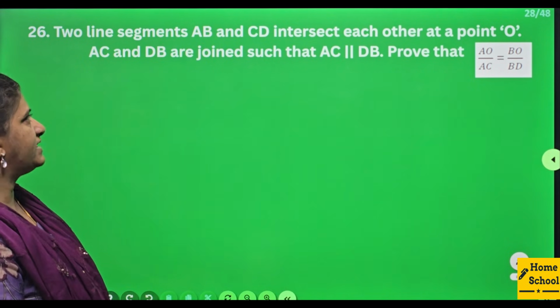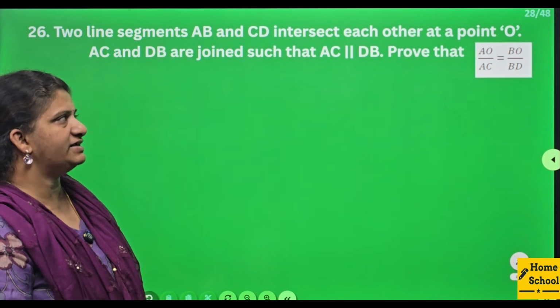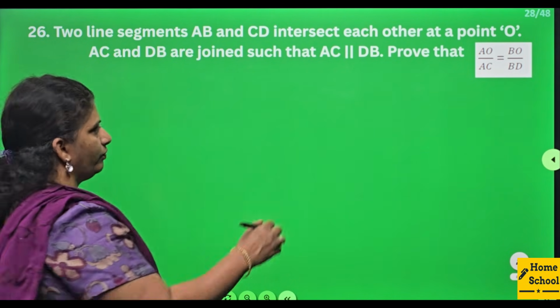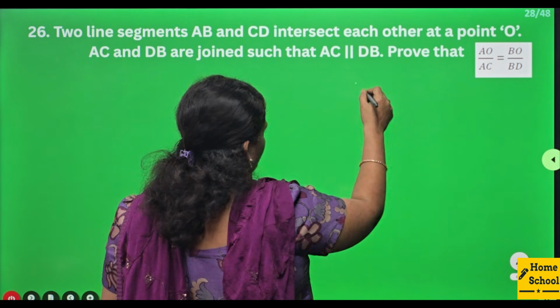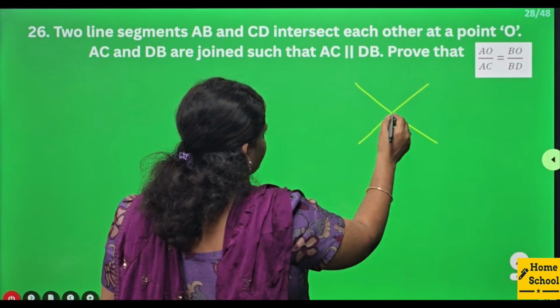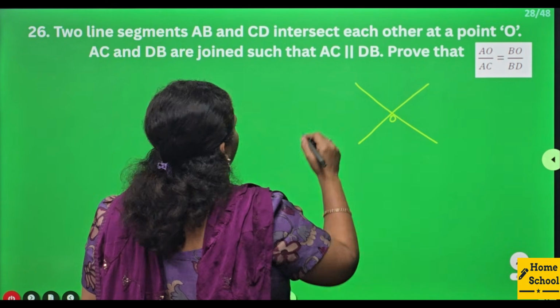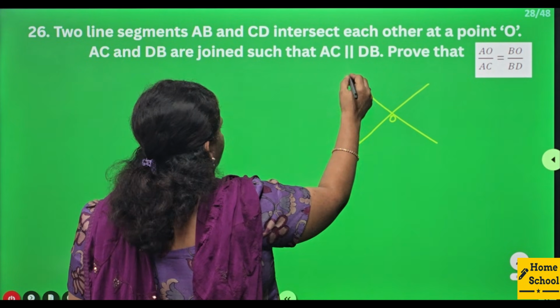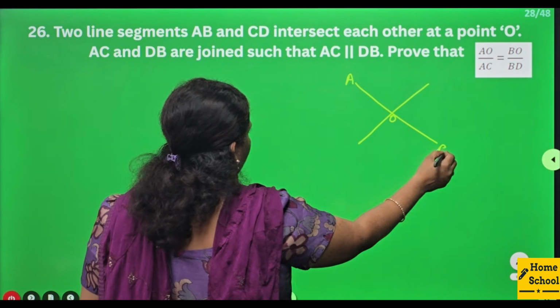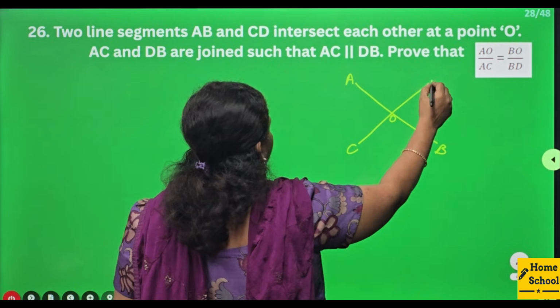26. Two line segments AB and CD intersect each other at a point O. Let us draw two line segments intersecting at a point O. The two line segments are AB and CD.